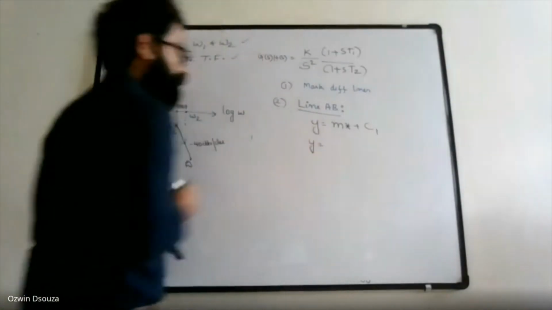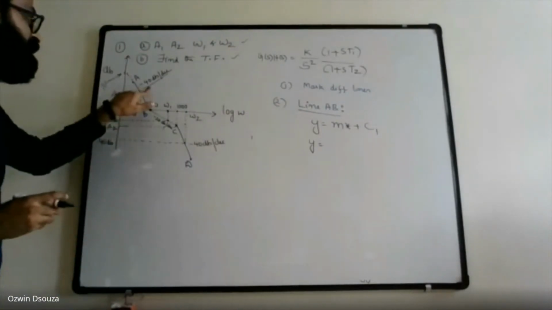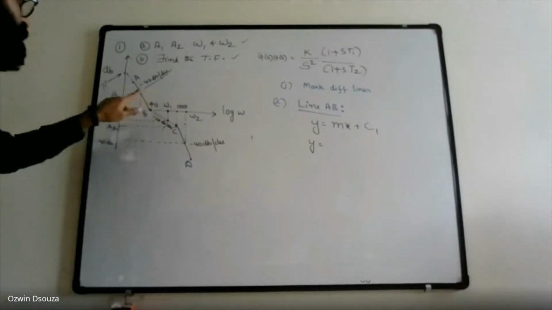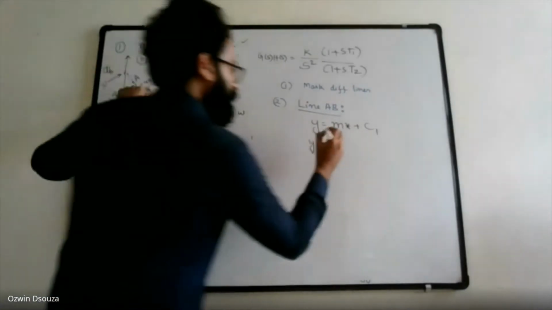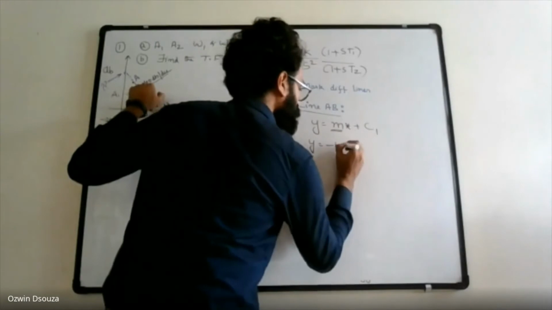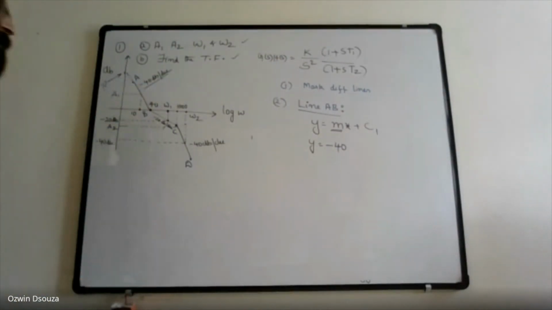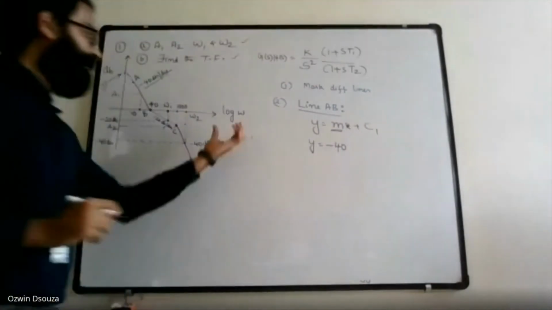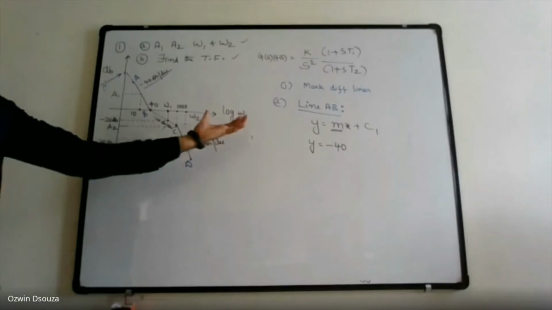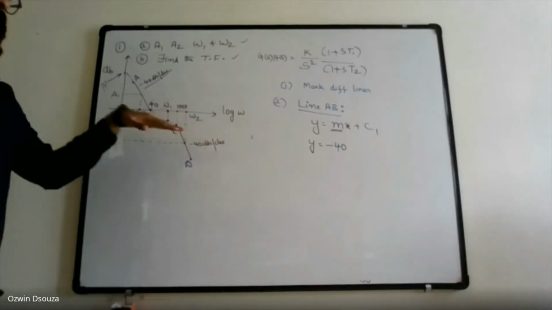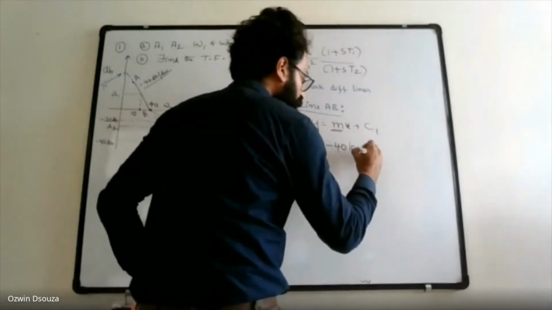So y is equal to, now we are talking about line AB. What is the slope which you are observing at line AB? Line AB has a slope of minus 40 decibel per decade, so the m value is minus 40. Then x, what is x here? X is not a linear frequency. In a Bode plot, you are taking a logarithmic scale, so x is going to be log omega.